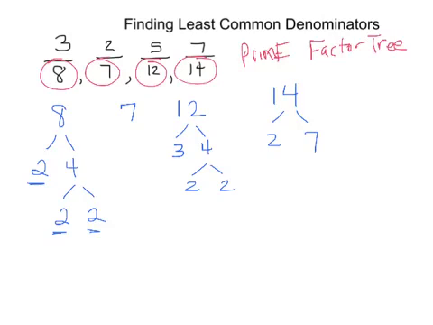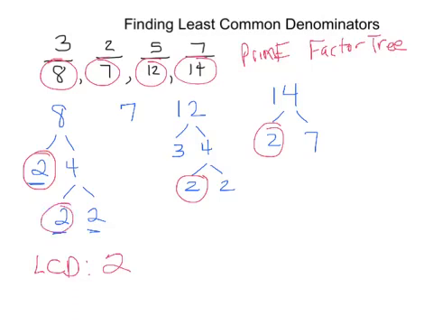So now to find the least common denominator, I only select repeats once, meaning I can see a 2 repeats there, so I only write it down one time. Then I see another 2 repeats, and I only write it down one time.